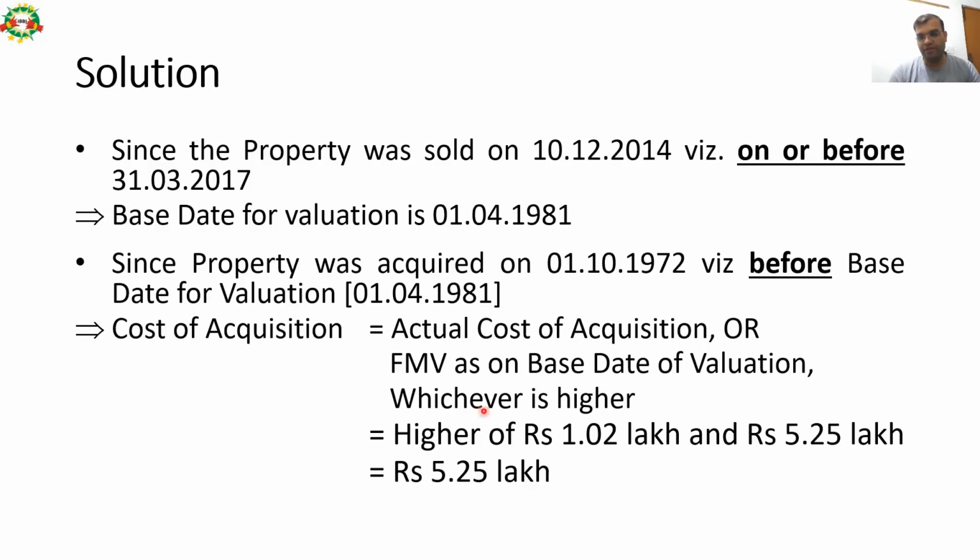Both these figures have been given. 1.02 was the actual cost of acquisition, and 5.25 has been given as the fair market value on the base date of valuation. So here the cost of acquisition will not be equal to the actual cost of acquisition. However, it will be equal to the fair market value of the property as on the base date of valuation, which is 1st April 1981.